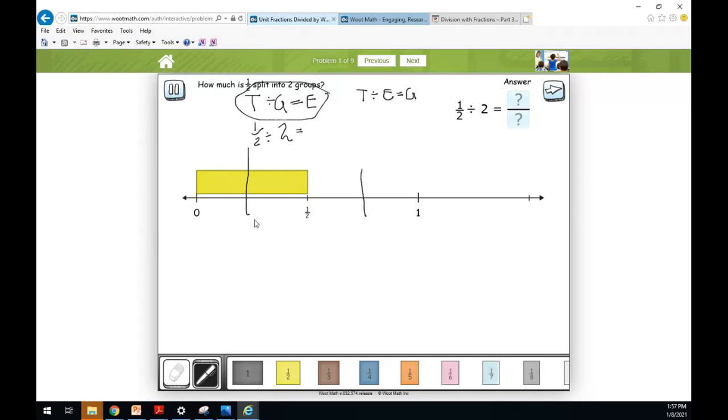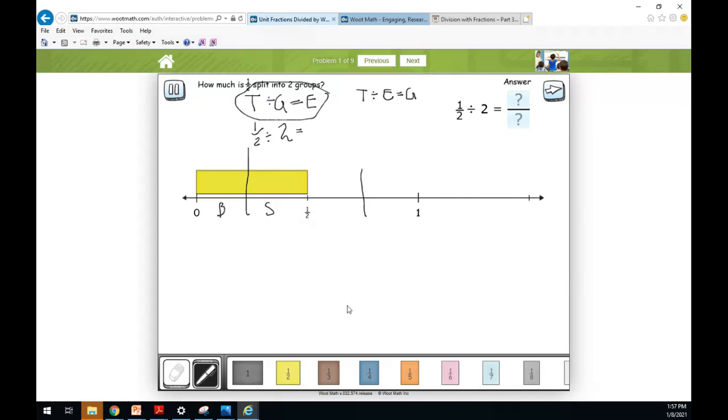I want to see exactly what the size of acre is that I'm going to get. So I'm going to label this brother, and this sister. What is going to be the size of that acre that I get?